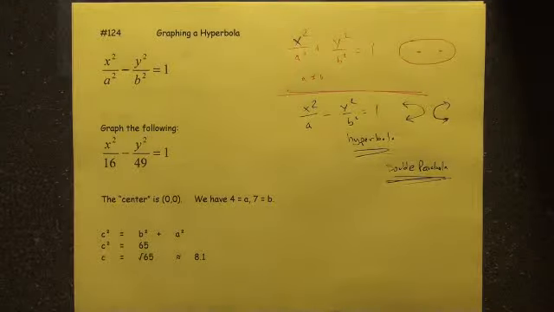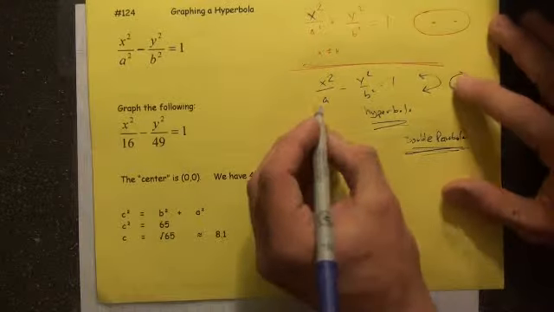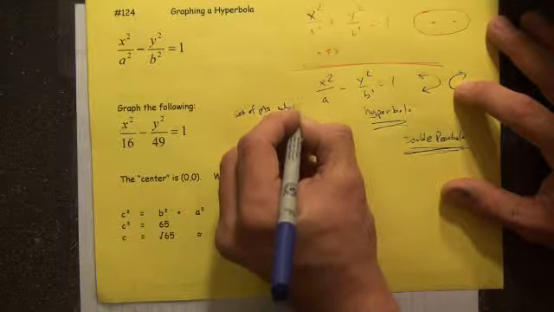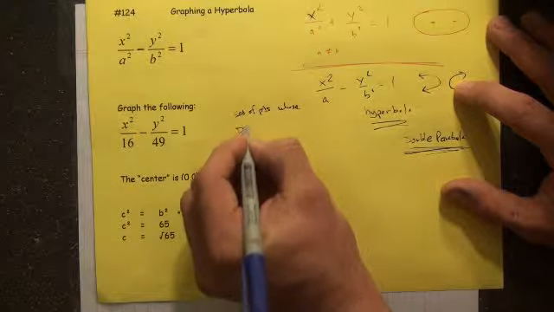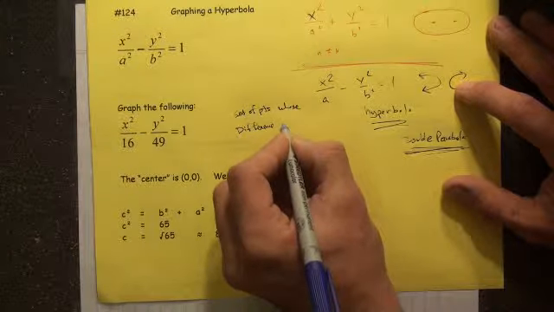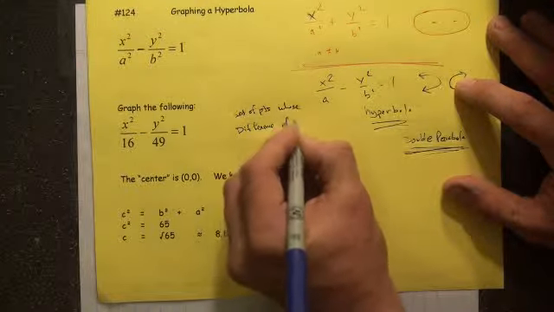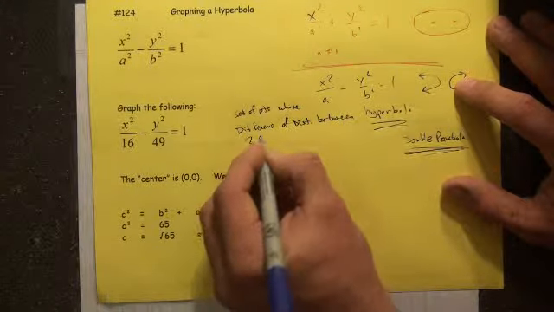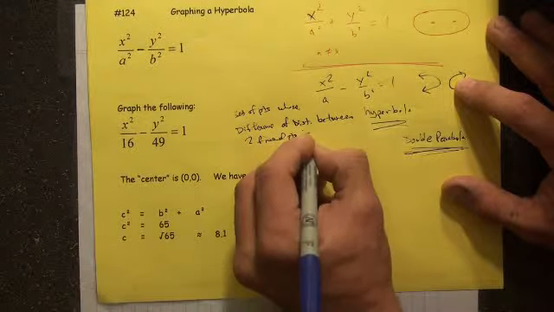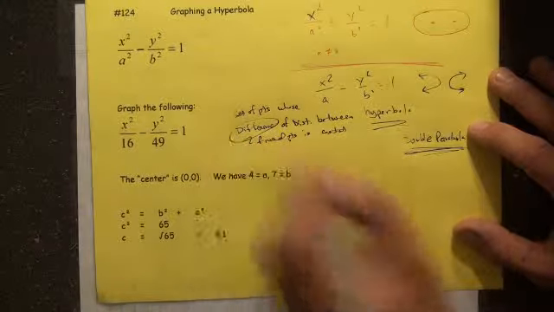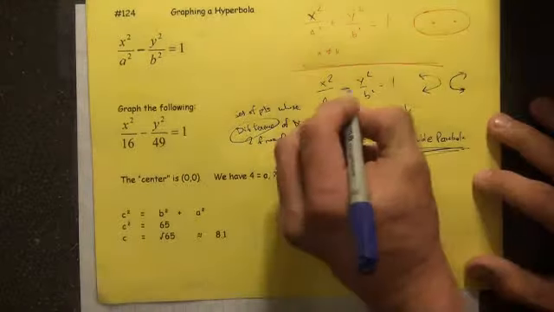Now, the official definition is just like an ellipse, except it says it's the set of points whose difference of the distances between two fixed points is constant. So the key word here is difference, which is why you get the subtraction.